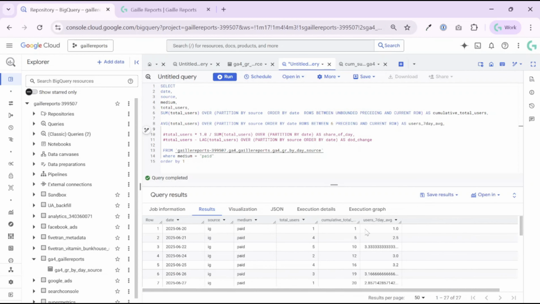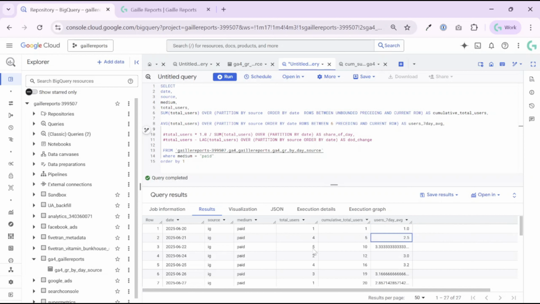Look here, on 20th of June, we had 1 user. It means that in total we had 1, and the average was 1 because only 1 day had passed. The second day we had 4 users. In total it was 5 and 2 days had passed, so we divide 5 by 2 days and it is 2.5.